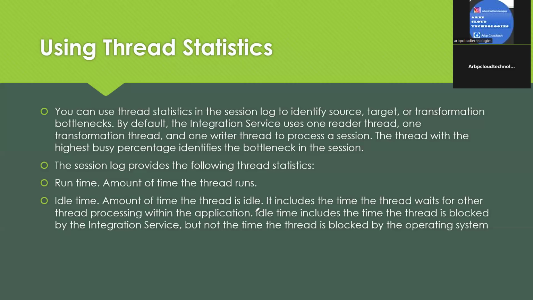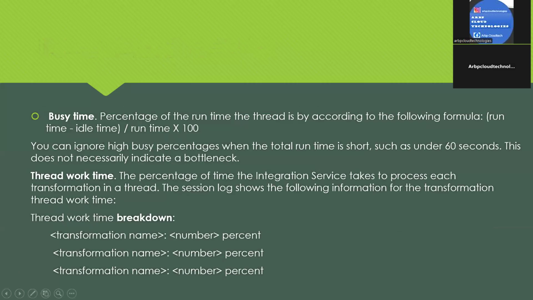Idle time includes the time the thread is blocked, not by the Integration Service, but by the operating system. So you understand there are two points, idle and run time.